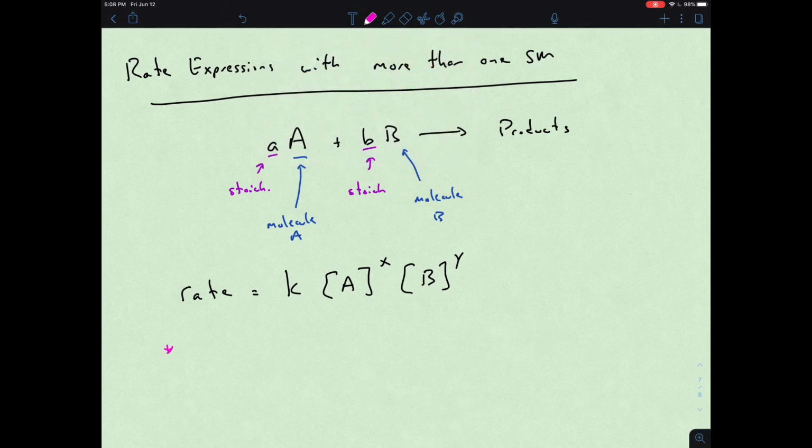So rates in terms of the starting materials are multiplicative, right? We're not adding or subtracting.